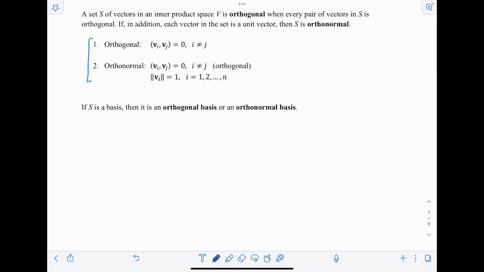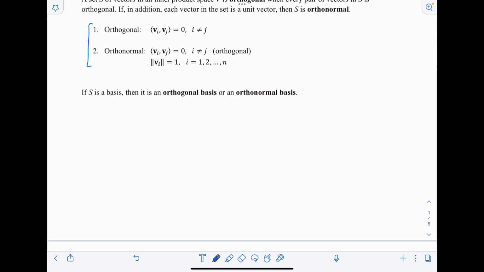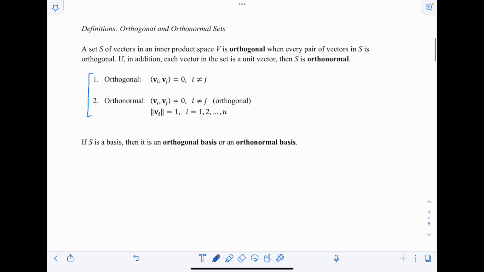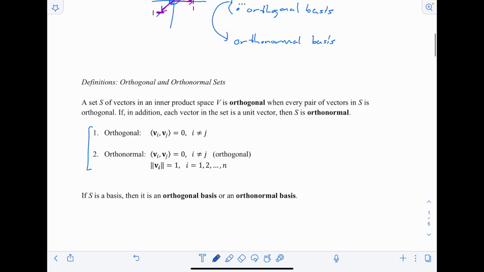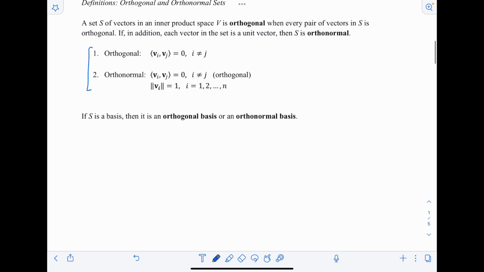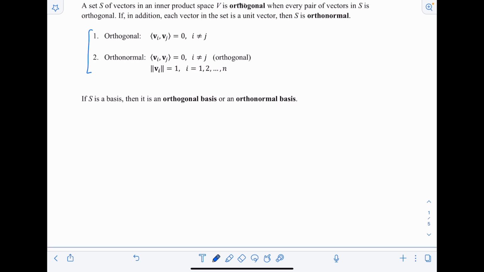All right, so I do want to talk about the fact that, as I mentioned, (1, 0, 0), (0, 1, 0), (0, 0, 1) is a standard basis, but these orthonormal and orthogonal bases do not have to be the standard basis. They can be non-standard as well. So let me give you an example of that. We'll go into 2 dimensions here, R2.